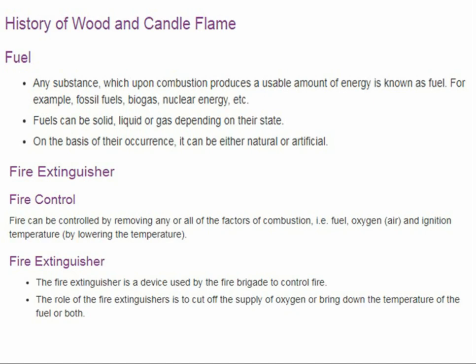Now we are going to learn how a fire extinguisher works. First, fire control. Fire can be controlled by removing any of the three factors of combustion, as I told you. If we remove any from the fuel, oxygen, or the ignition temperature, we are going to talk about ignition temperature further, the fire will not take place.